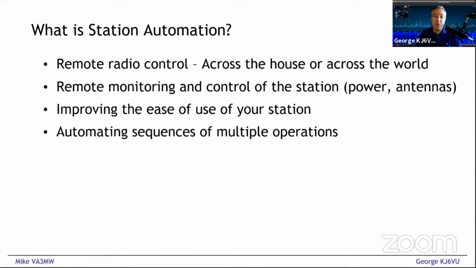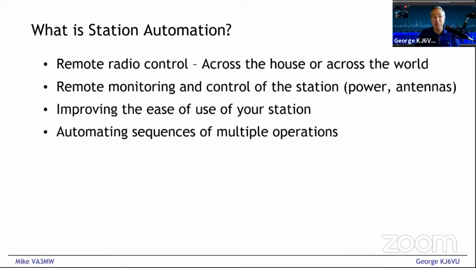Some of the things you'd want to be able to do, of course, is work the radio remotely, but you also need to think about the physical world around it. So the ability to turn power supplies on and off, switch antennas, take temperature measurements of your PA, whatever might be useful. These ideas make it easier to operate your station at the press of a button. And there are also applications where you might want to do 10 things at once and simplify that with a single press of a button.